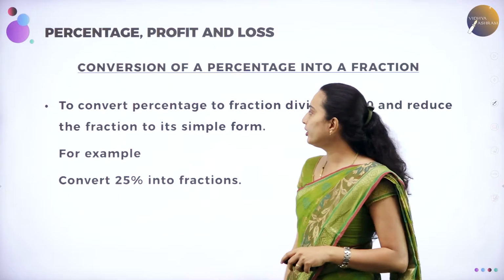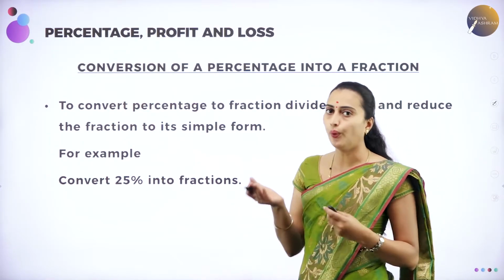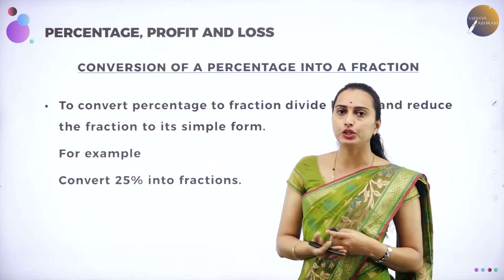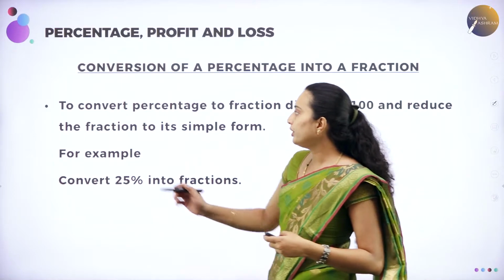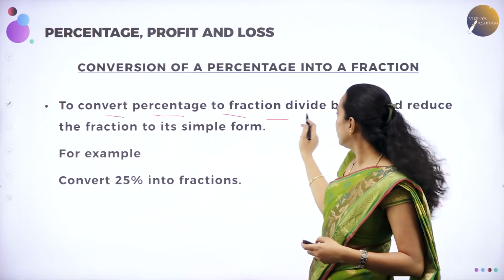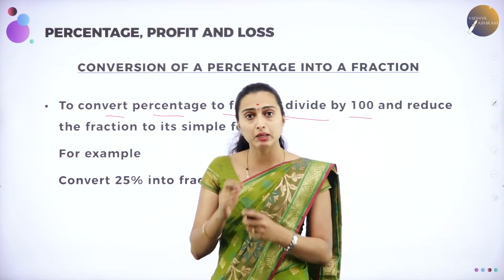Now let me move on to the conversion of a percentage to a fraction, the reverse. So if the percentage is given, how to convert it to a fraction? To convert a percentage to a fraction, divide by 100. There what we are doing? Multiply by 100.